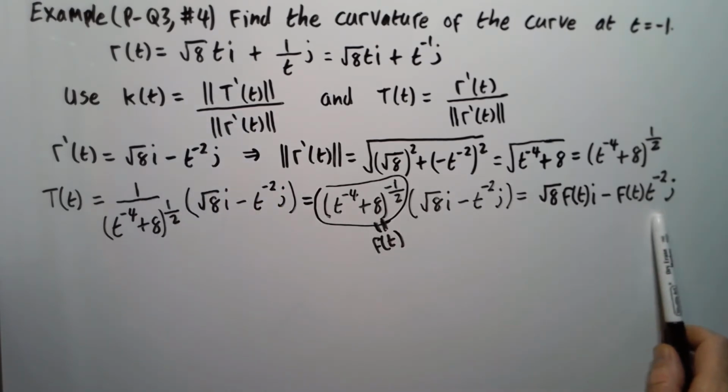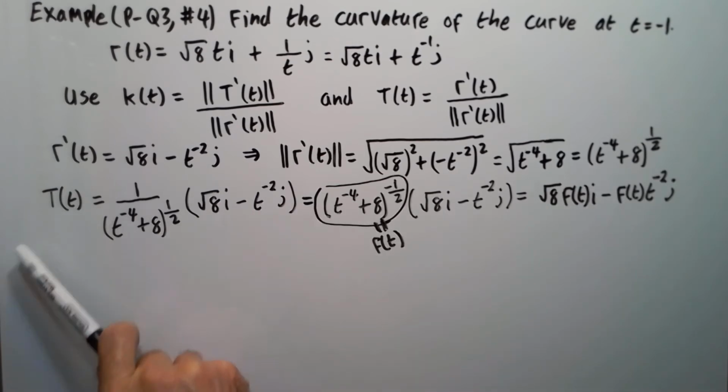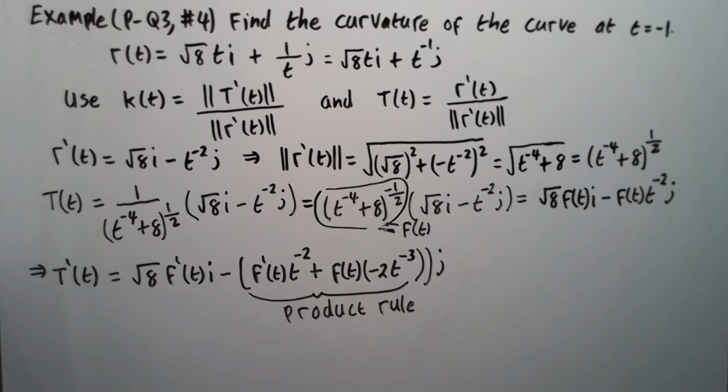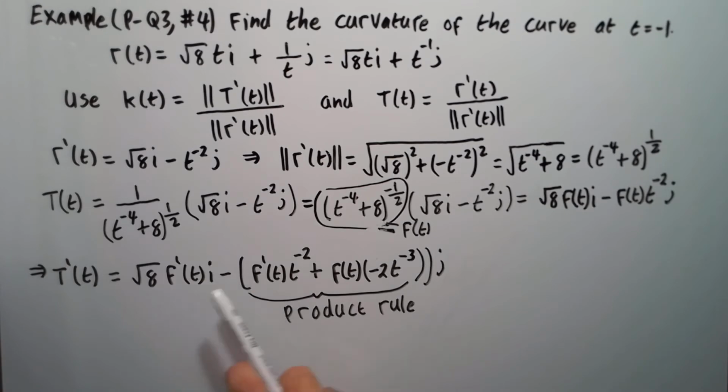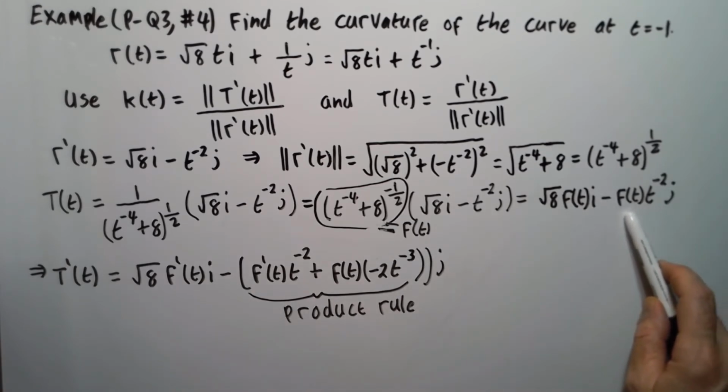Now, for the curvature we need to find capital T prime, so let's take the derivative of our capital T. The derivative of f in the i direction is here. On the other term we have to use the product rule.